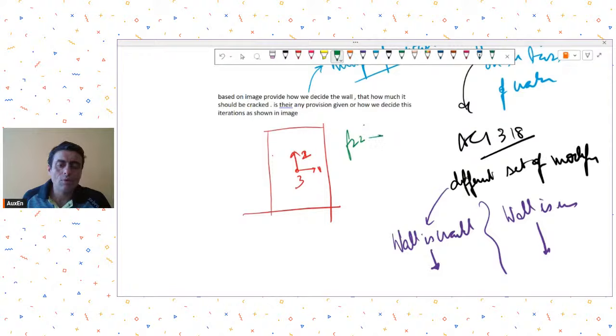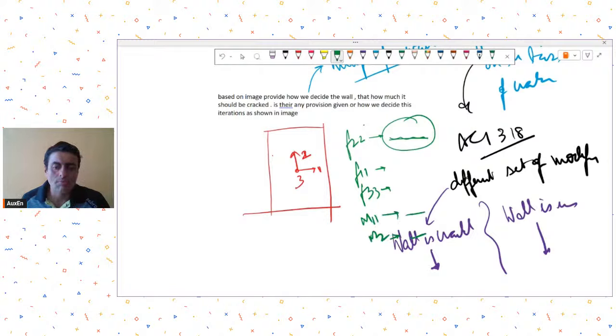F22 will help you to get the in-plane moment, so you should give the moment modifier to F22. F11 and F33 will give you the shear modifier, so you could put a shear modifier value over here. And then M11, M22 will be in-plane moments, so you could put the moment modifiers over here. So in this manner, you could see the cracking of wall.